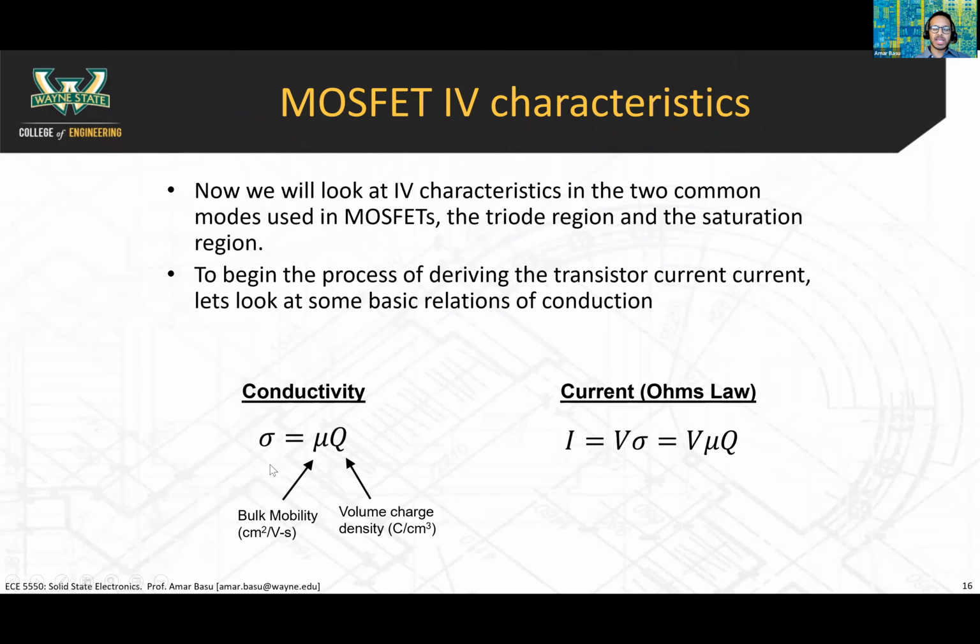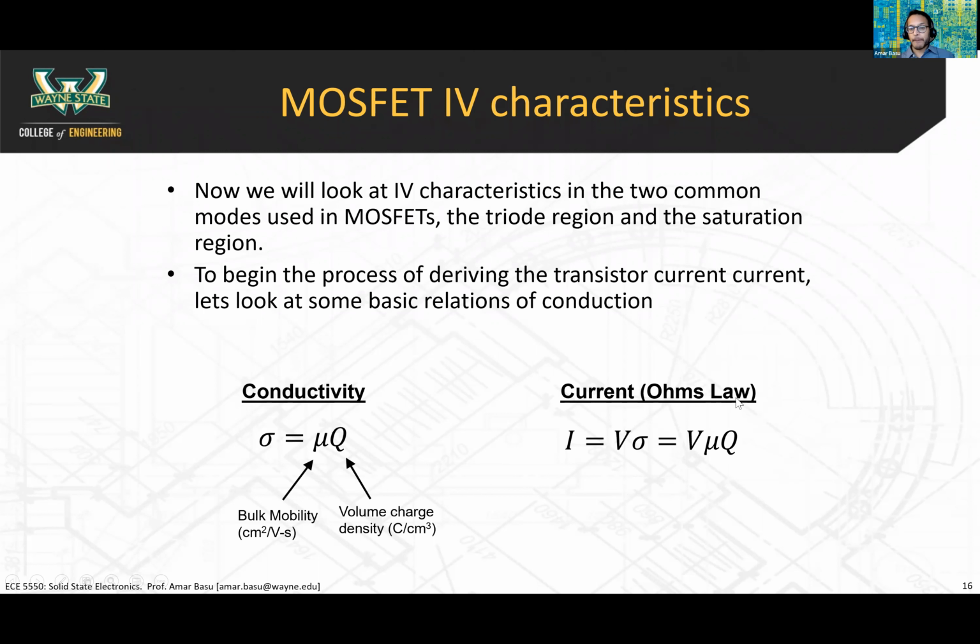Remember the key concept here is electricity is moving charge. So how conductive a material is, in other words, how well it conducts electricity, has to do with how many charges you have, Q, and how fast those charges move, which is mu, mobility, in response to an electric field. Okay, so that's our relationship for conductivity.